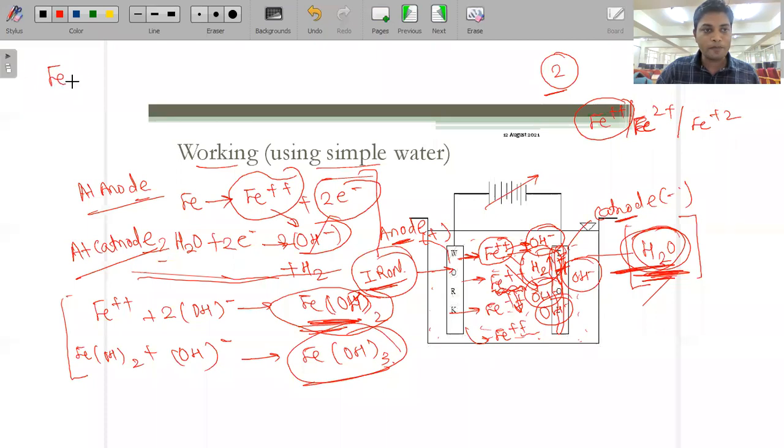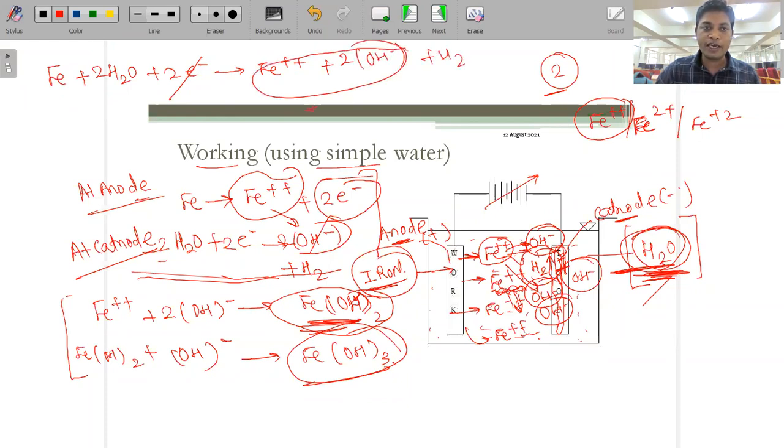That is Fe plus 2H2O plus 2e minus gives Fe ions, and leaving 2e and 2e, plus 2OH minus ions plus H2, or on behalf of this you can write Fe(OH)2 plus H2 gas. This is the gas that will be exhausted into the atmosphere.